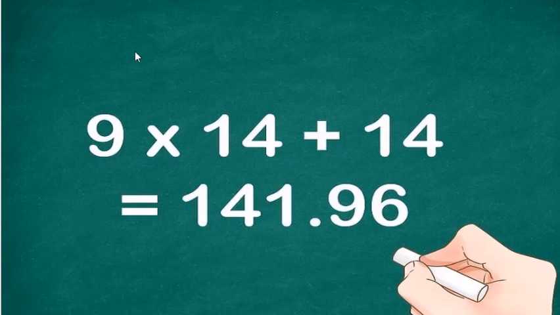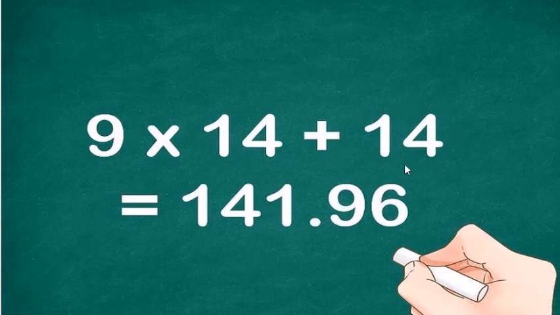So in this example, to convert 9 stones and 14 pounds, you would calculate, okay, 9 stones multiplying by 14, that means 9 multiplying by 14 plus that 14 pounds. Okay, here 9 times 14 plus 14.